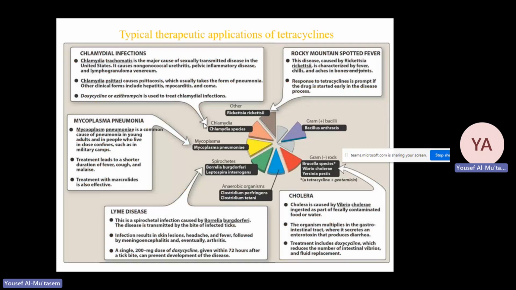Still, it is unusual to use tetracyclines for the treatment of pneumonia caused by mycobacterium, although they have very distinctive activity against atypical microorganisms like mycoplasma. They have activity against spirochetes, Lyme disease caused by Borrelia, and leptospirosis caused by Leptospira.